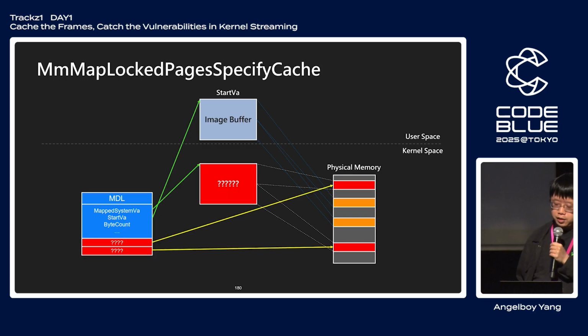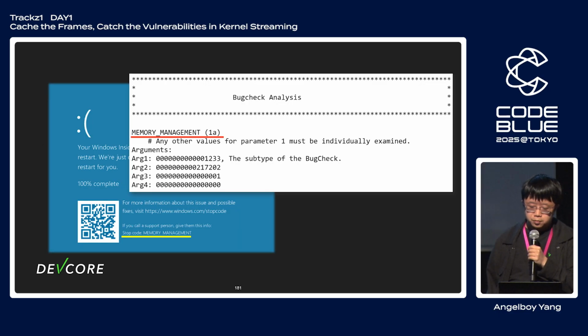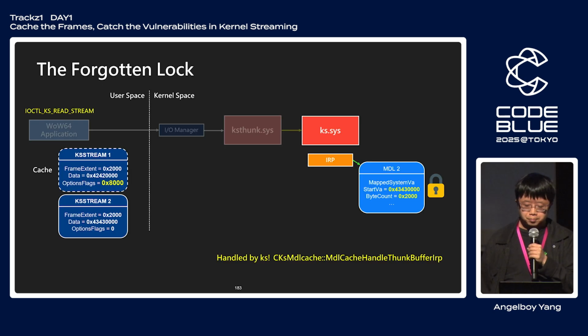However, if we directly call MmMapLockedPagesSpecifyCache to map memory, it will still attempt to reference the PFNs inside the MDL. In many cases, this leads to a BSOD. This kind of mistake happens all over kernel streaming. Next, I will examine a vulnerability which clearly demonstrates this issue.